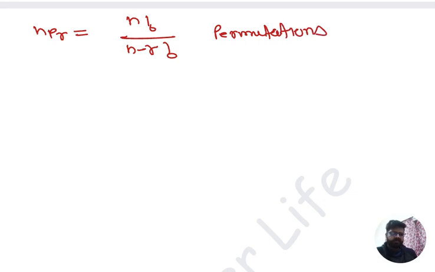Now come to the next point. Suppose there are 3 letters, and those are X, Y, and Z, and you have to choose any 2. So how many ways can we choose any 2 letters? We will write down the formula nPr, where the value of n is 3, and we have to choose any 2, so r is 2.